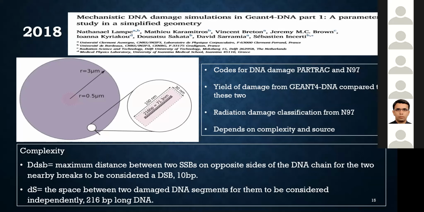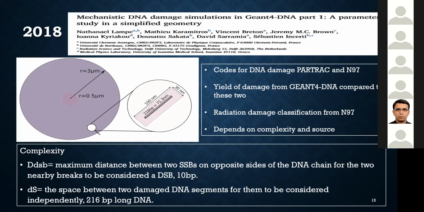When we talk about complexity, we define the DNA damage. This example defines these two parameters. DSB is the maximum distance between two single strand breaks on opposite sides of the DNA chain for the two nearby breaks to be considered a double strand break, and for us this was 10 base pairs.